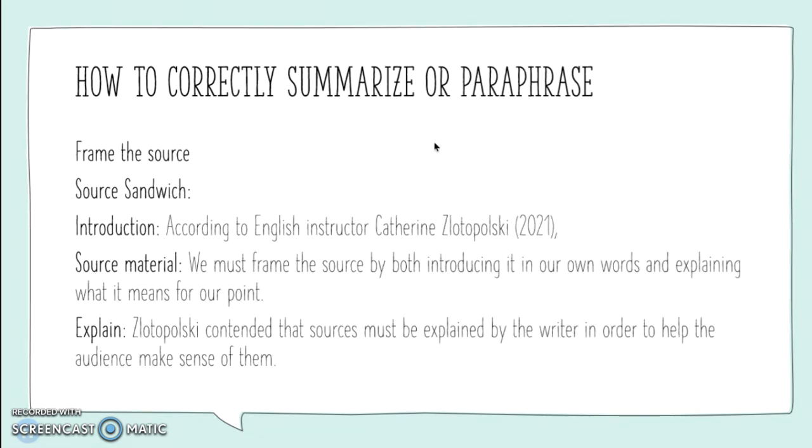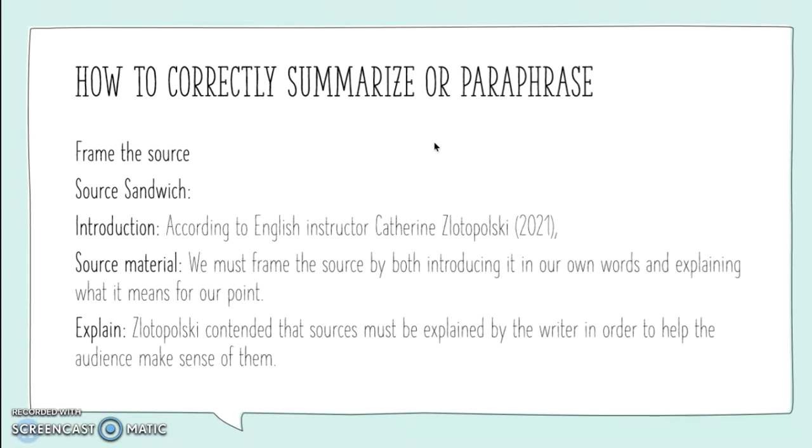So how to correctly summarize or paraphrase. Each time you use a source in your essay, you want to frame the source. And we can use something that we call the source sandwich. First you would start with an introduction where you would introduce the quote, and here's an example.